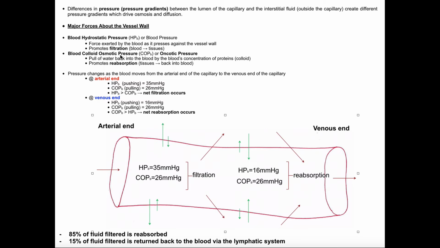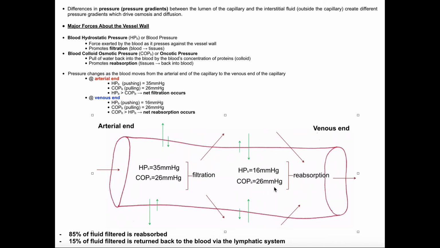However, in the reverse direction, blood colloid osmotic pressure is going to tend to want to move fluid from the interstitial area into the blood. And that's because we have proteins in the blood, and the proteins like water. So they're kind of attracting the water, so to speak, and wanting to pull the water from the interstitial area into the blood.